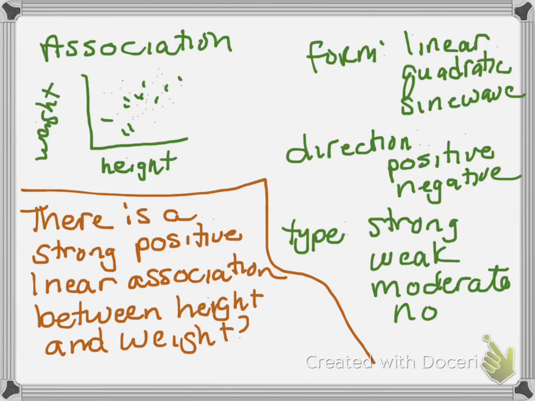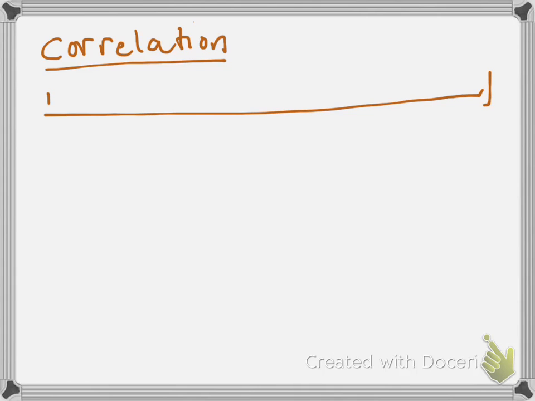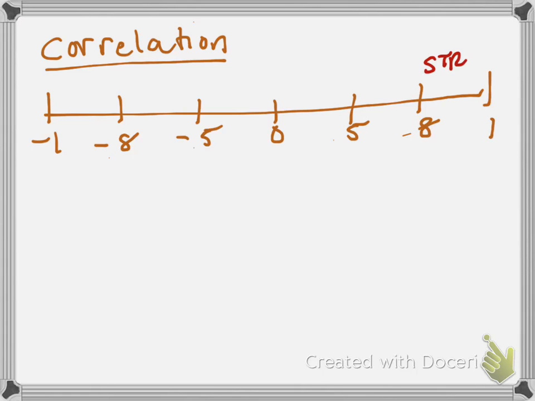All right, so now let's go to correlation. Basically, with correlation, we're always between -1 and 1. Here's 0. Our magic numbers are -0.8, -0.5, +0.5, and +0.8. If we are between 0.8 and 1, we say we are strong.